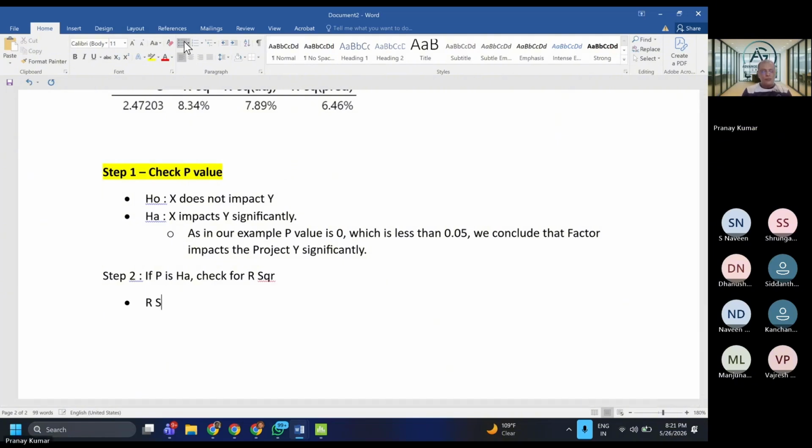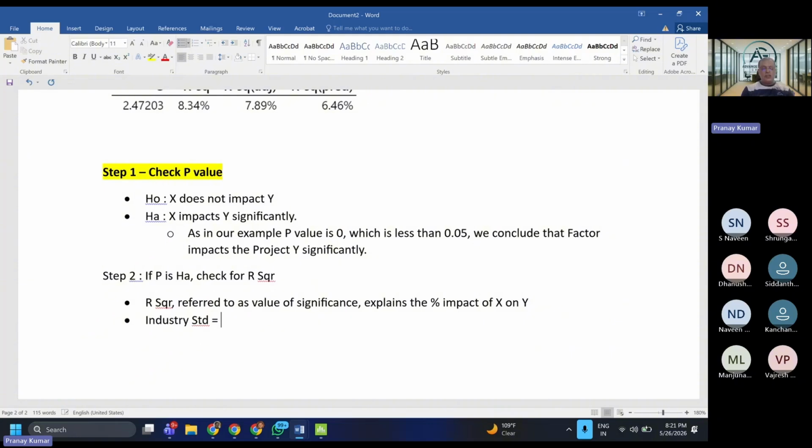R square, referred to as value of significance, explains the percentage impact of X on Y. It tells you how much is the impact of your factor on your project Y. The industry standard is 62%.